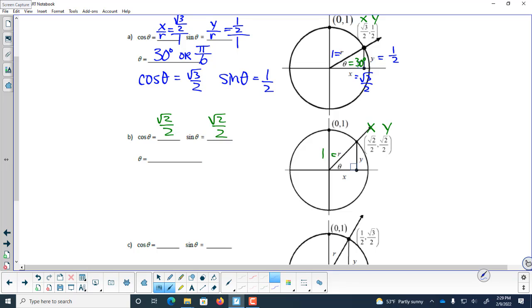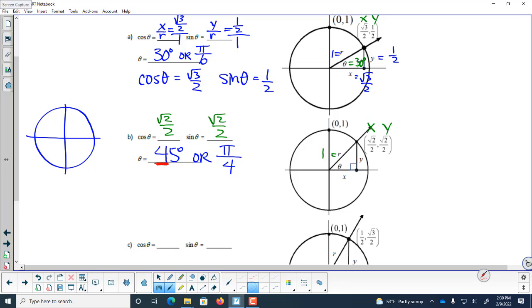What angle has a sine and cosine that are the same and are both root 2 over 2? 45 degrees. Or in radians, how are you going to remember it? Pi over 4. Okay? And I heard pi over 2. What would pi over 2 be? Because pi is how much? 180.